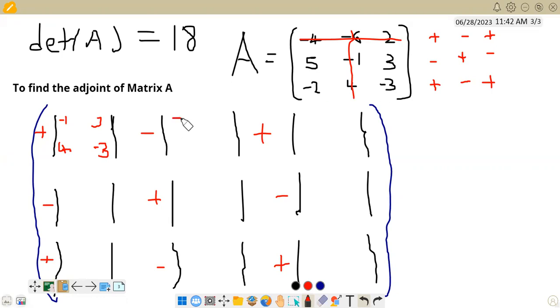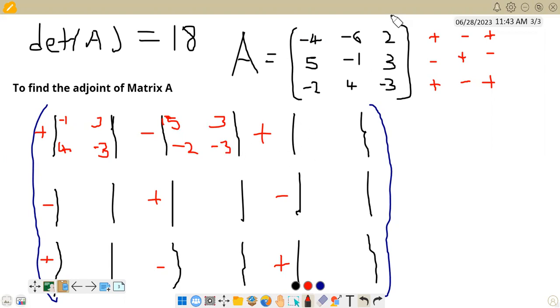So the 5, 3, then negative 2, then negative 3.